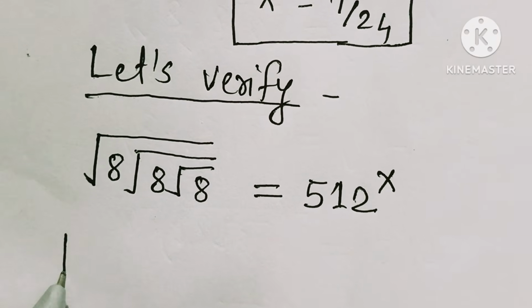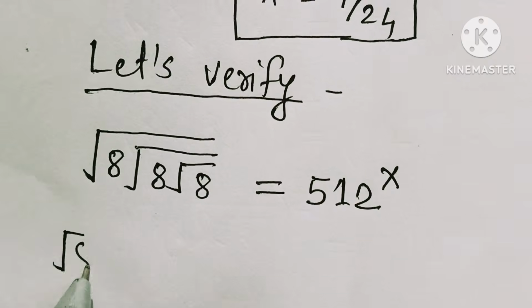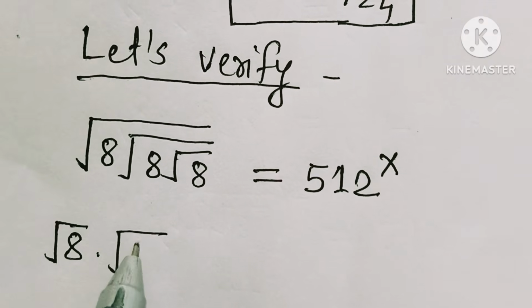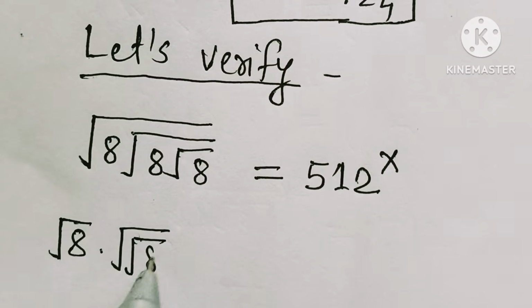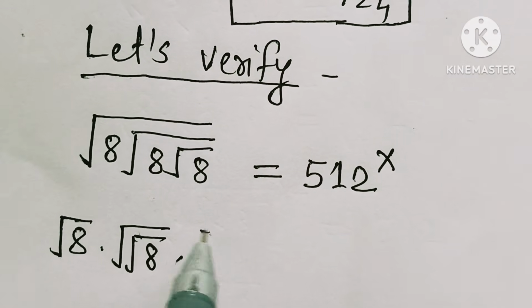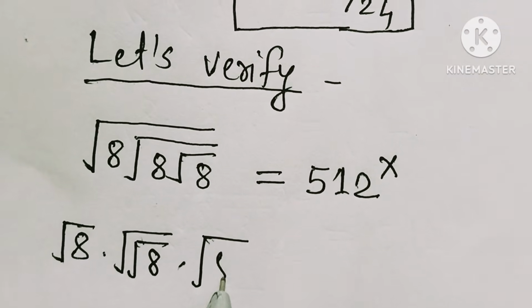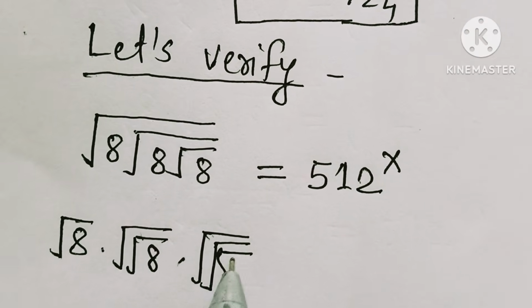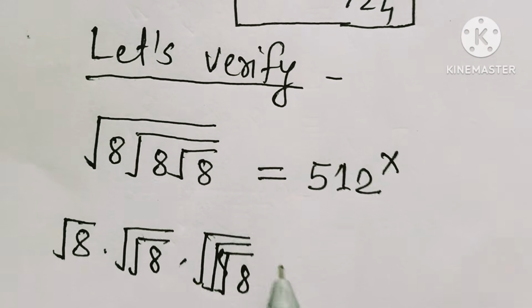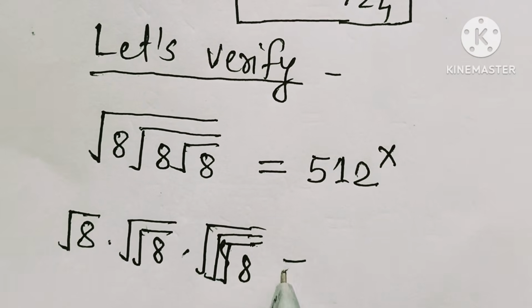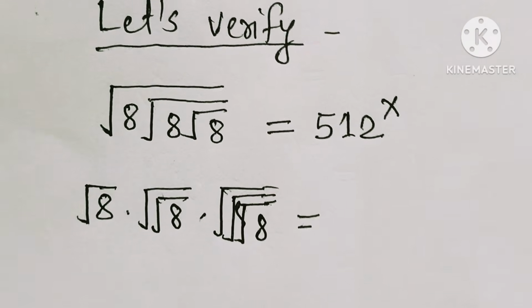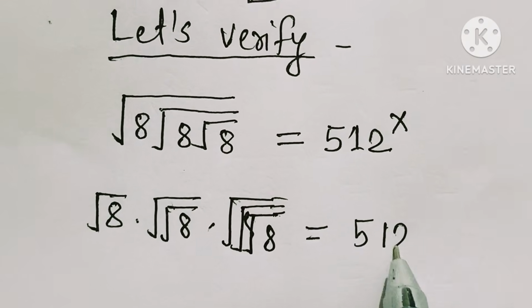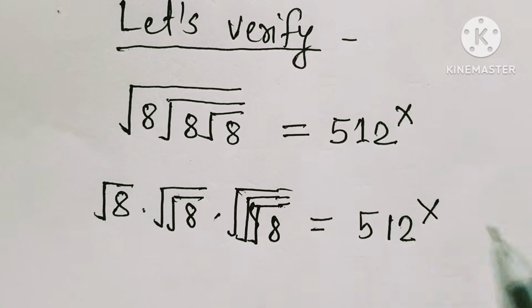Now square root of 8 into square root of 8 into square root of 8, triple square root of 8, equal to 512 raised to power x.